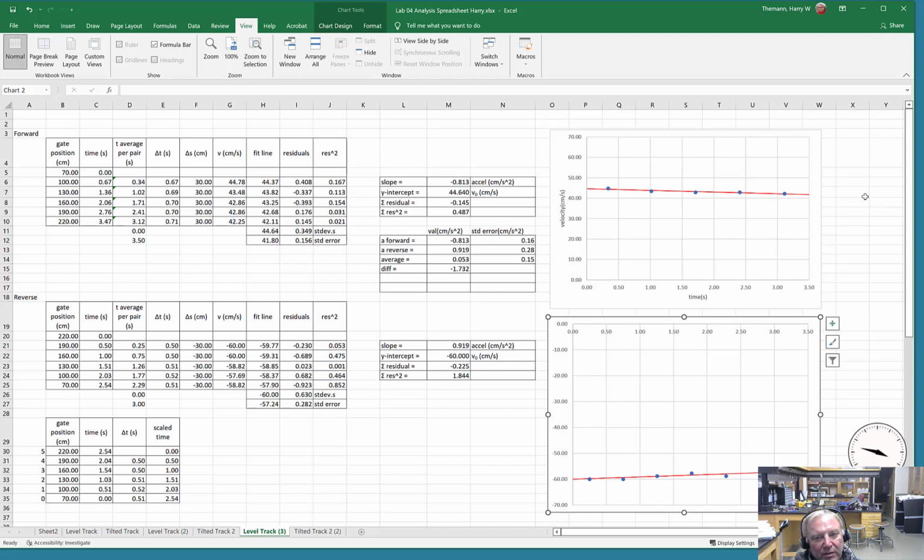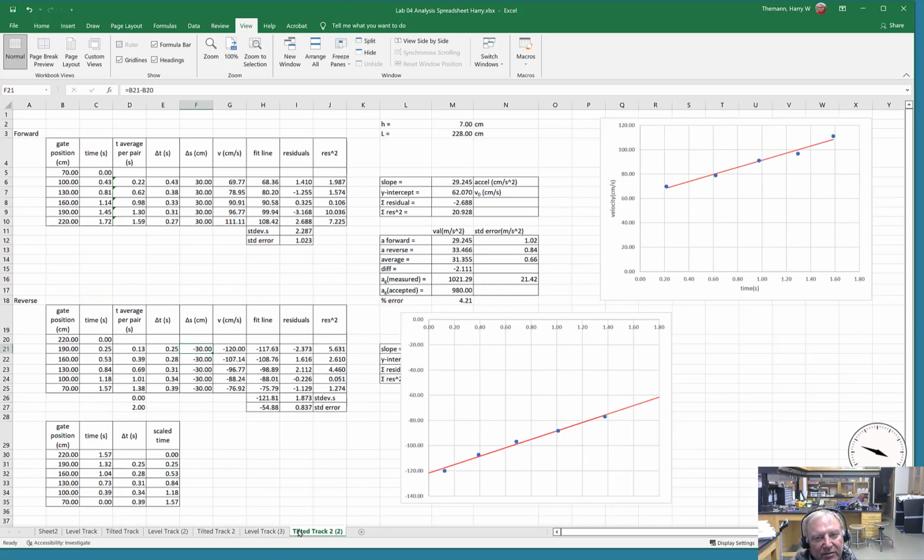So the contributors to this could be two things. Could be a tilt in the track, or it could be friction. Now, a tilt in the track will mean that the acceleration will always be the same sign. And it's much easier to understand when it's actually tilted.